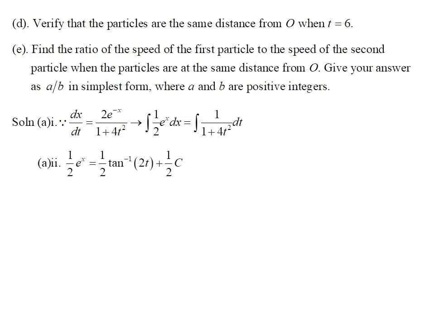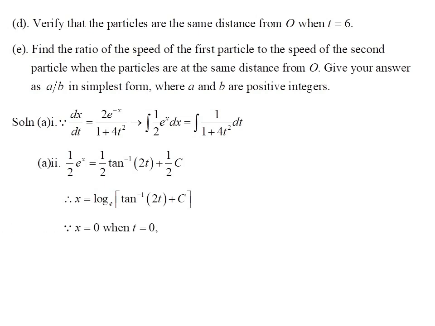In order to find the relationship between t and x required in section 2 of part A, we do integration on both sides of the equation. So it becomes 1 over 2 times e to the x equals arctangent of 2t over 2 plus c over 2. Hence, x equals logarithm base e of the sum of arctangent of 2t and c.